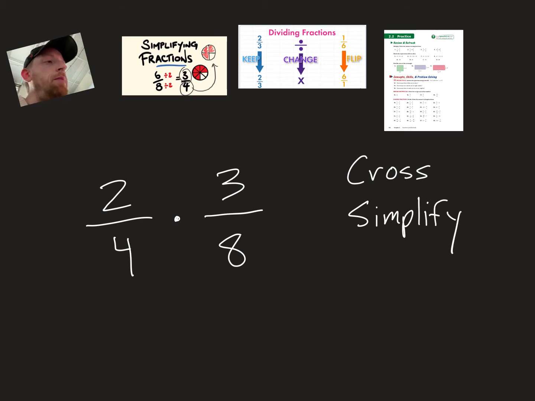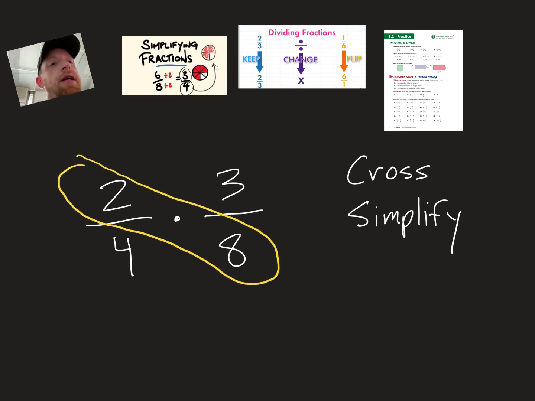What that essentially means is if you recognize that numbers that are diagonal, this diagonal shape here that I highlighted in yellow, have a common factor or a common multiple, you can simplify those before you do your multiplication. Both of these I can divide by 2.